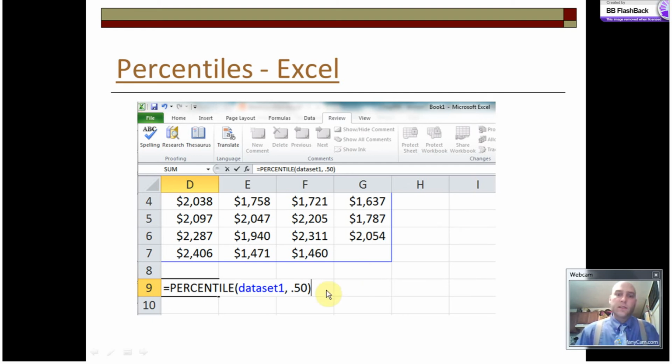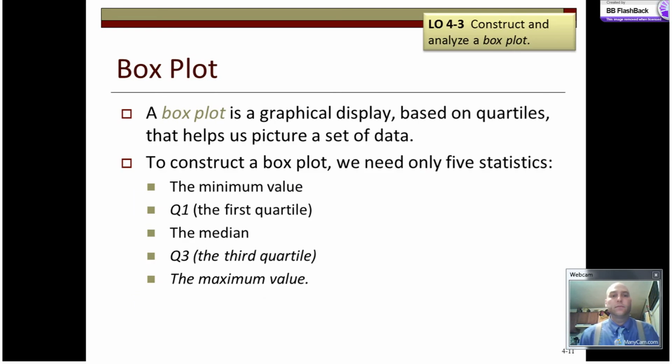And second, after the comma, is 0.50, 50%. What I'm looking for in this case is the median. So you can't put in p as a whole number to use this formula. You have to convert it to a percent by putting a decimal in front of it. This formula, equals percentile, would give us the median.